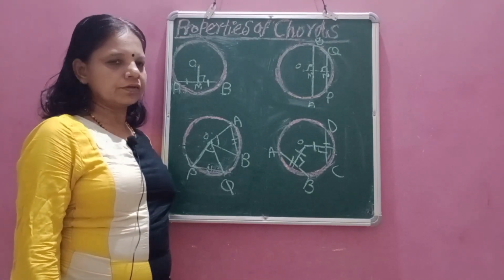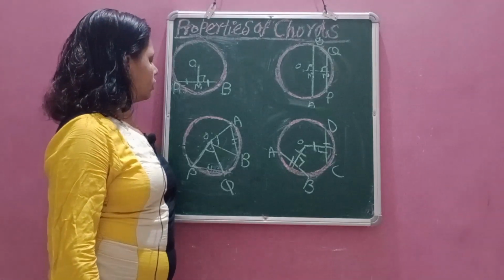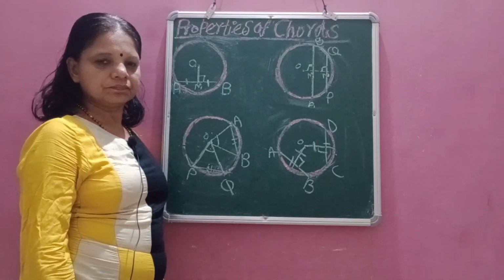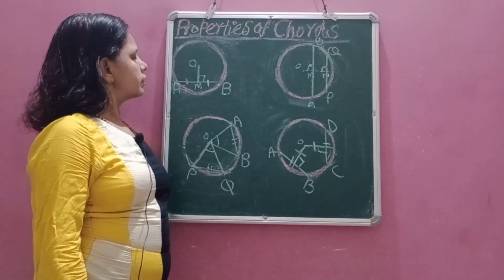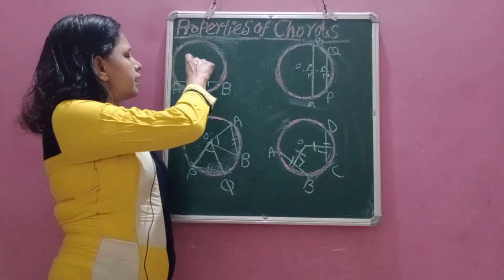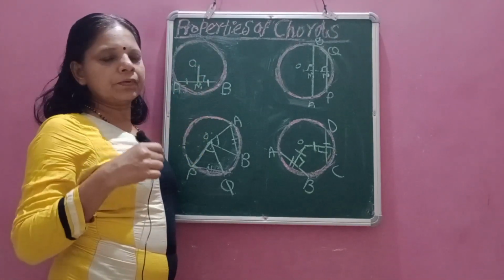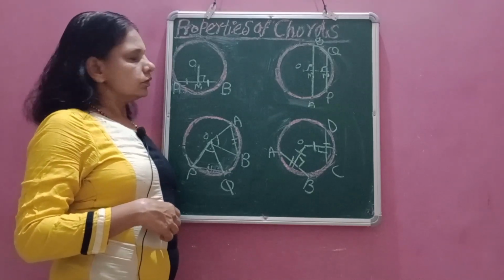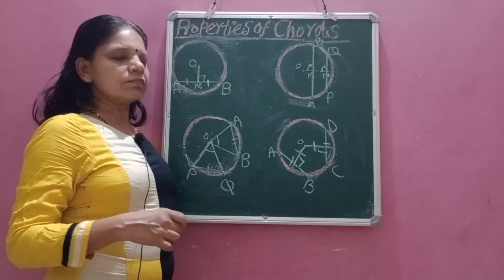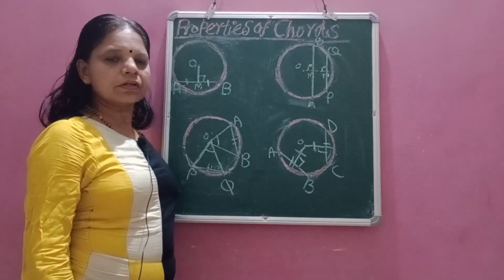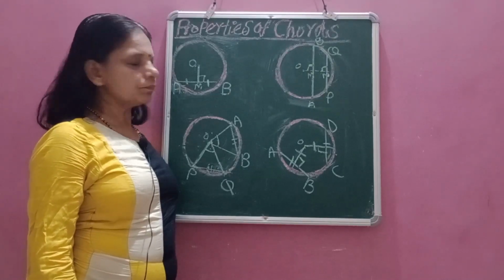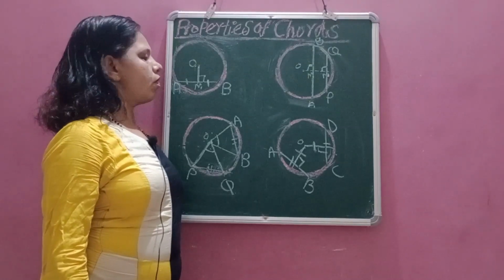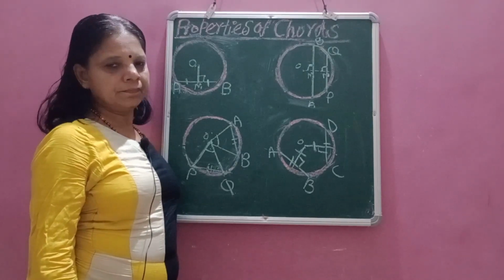See the first figure. There is a chord AB. O is the center of the circle. Segment OM is perpendicular to chord AB. If segment OM is perpendicular to chord AB, then M is the midpoint of chord AB.